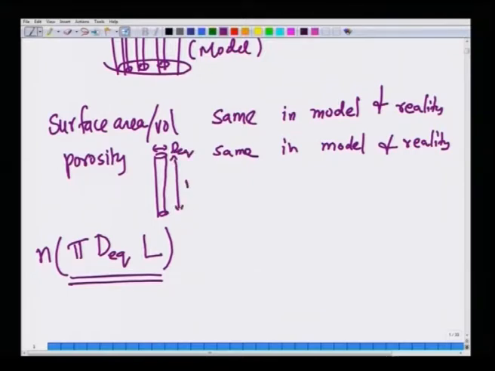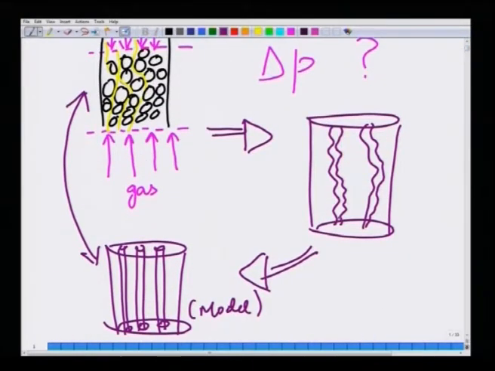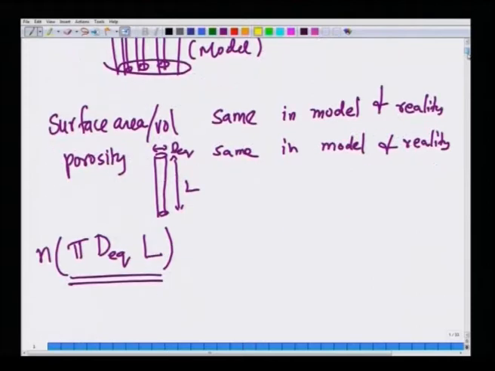Here we are assuming that the length of these tortuous paths is the same as the length of the bed. If you really measure the length along the contour of the tortuous path, the actual length will be greater than L, but for simplicity we assume it is the same as L, and we are going to correct all this with an experimentally fitted parameter at the end. But right now let us move along with this assumption.